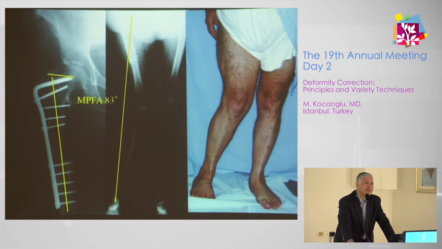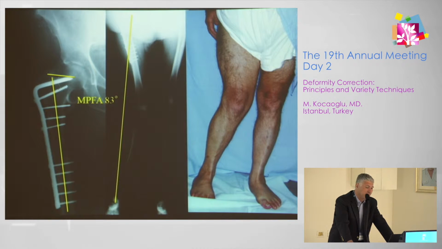This is one example: a patient with a valgus deformity came to my office from Cyprus. You see, it's a very well fixed femoral fracture with a curved plate. But you see, it's a really huge genu valgum deformity.